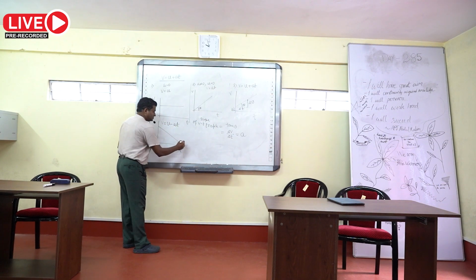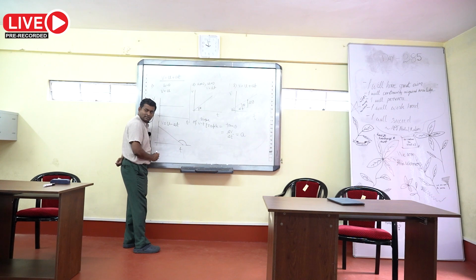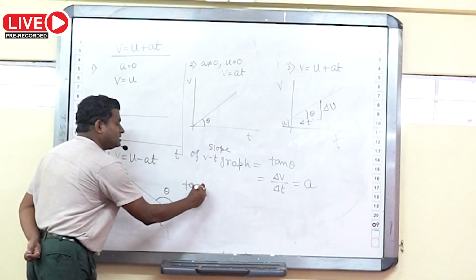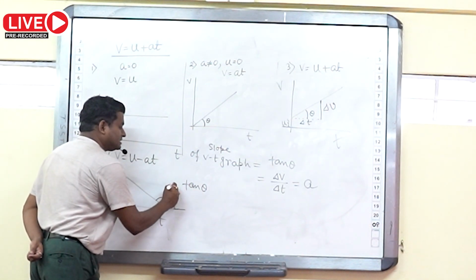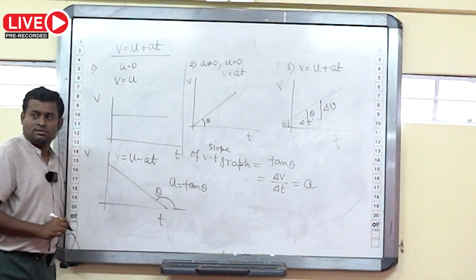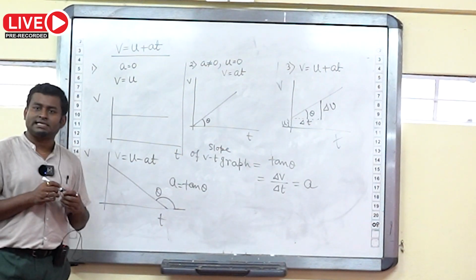Now what is the angle of this graph with the time axis? This angle, suppose theta. Now tan theta will represent acceleration, because there I defined that tan theta represents acceleration.